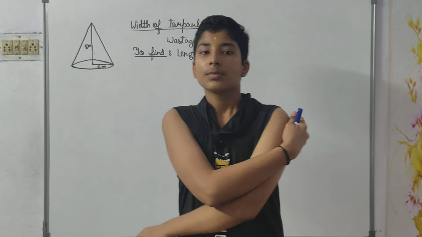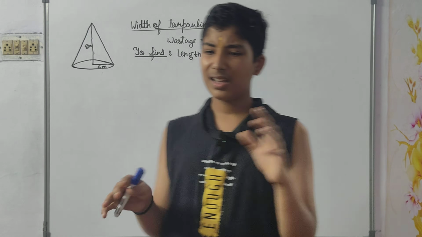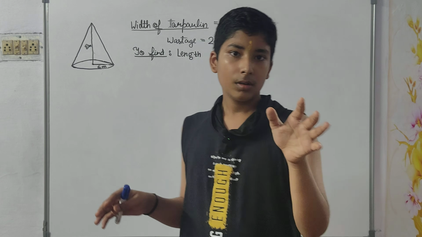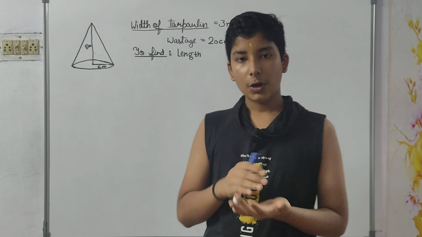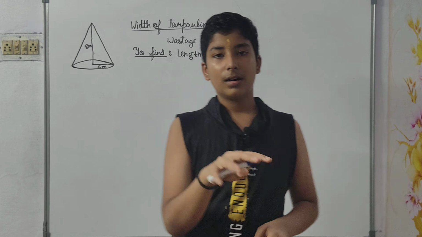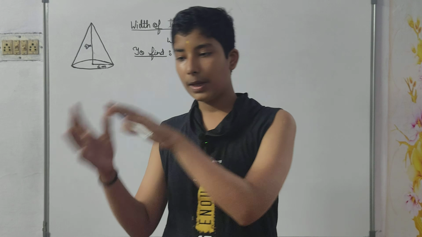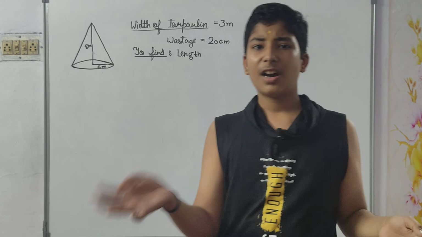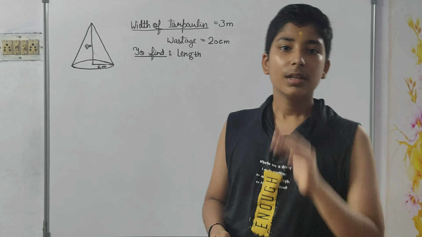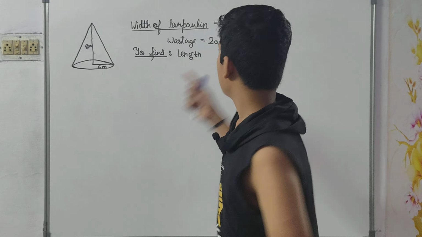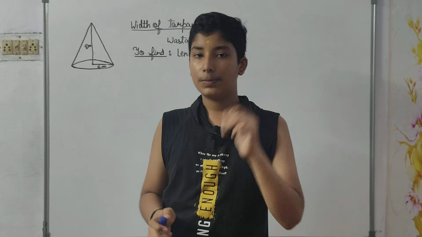Tarpaulin, you might know, usually we say tirpal. This is like a raincoat, you can say. For example, if you are shifting from one house to somewhere else and you hire a vehicle, for example a truck, and all your stuff is loaded on the truck, then a tarpaulin is covered over the objects.